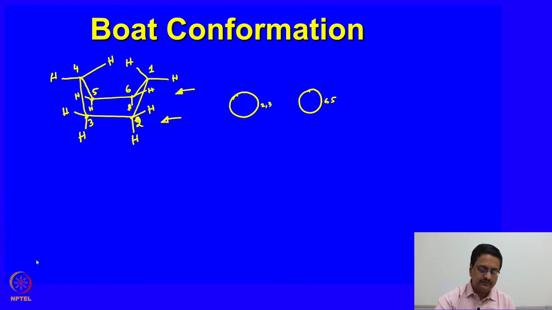If you look at carbon atom 2, you have the CH2 group at the top which connects to carbon number 6. So this is the connection between 2 and 6, which is your carbon number 1. On the other hand, 5 and 3 are also connected in the same manner.